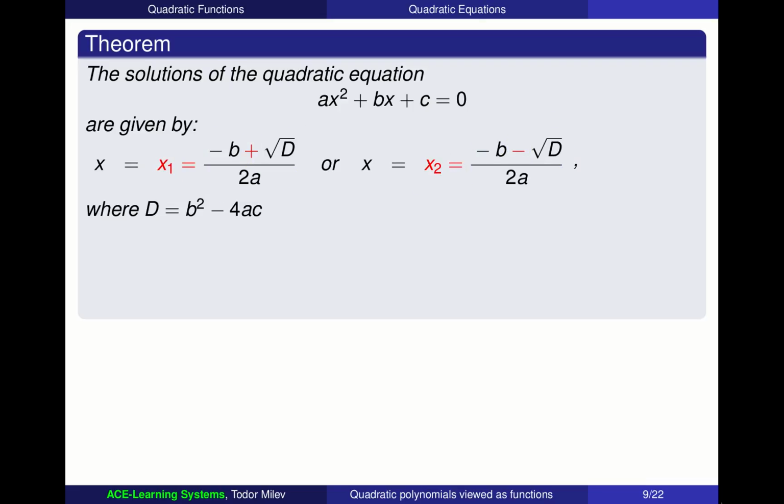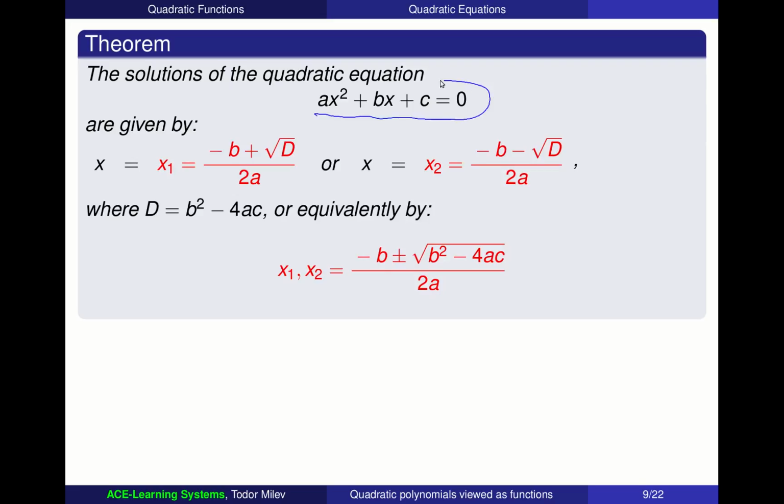And finally, using that, I'm able to formulate a somewhat shorter version of this formula. So here it is. The solution of the quadratic equation ax squared plus bx plus c equals 0 is given by the following formula.